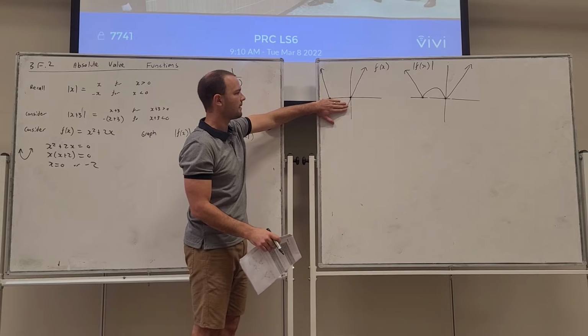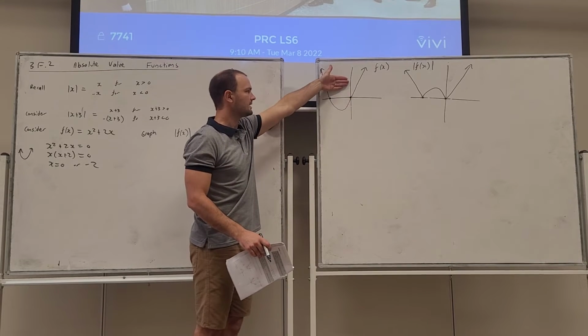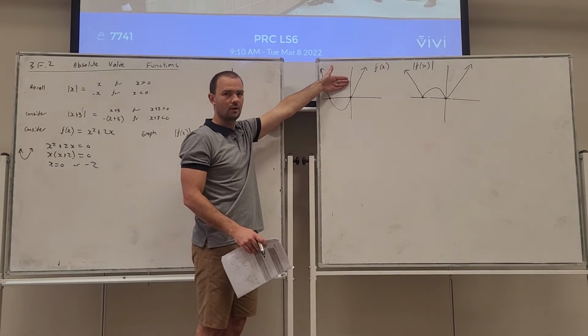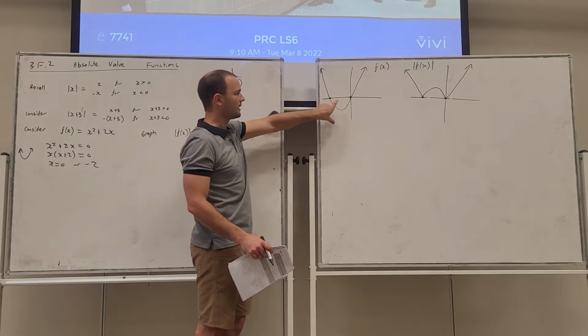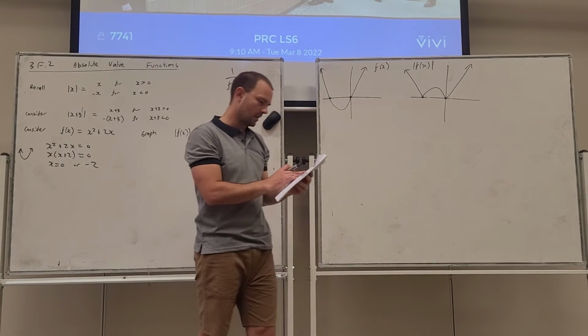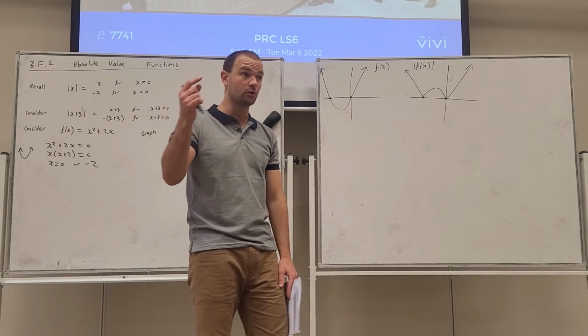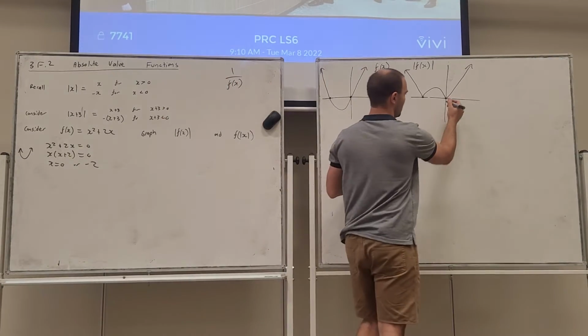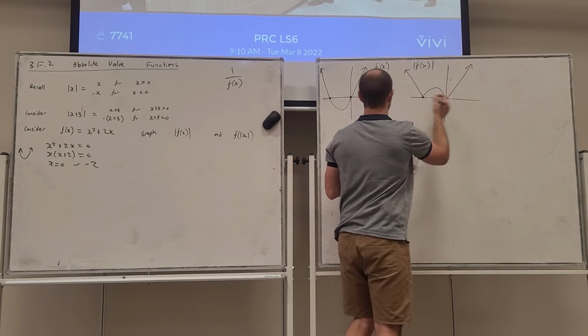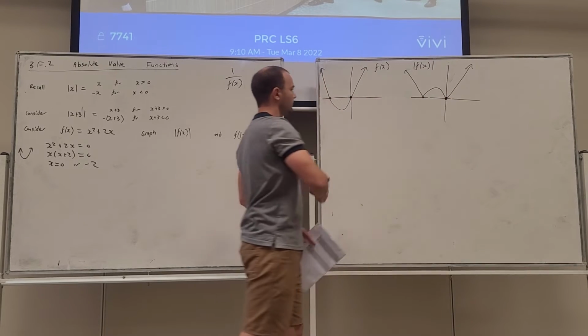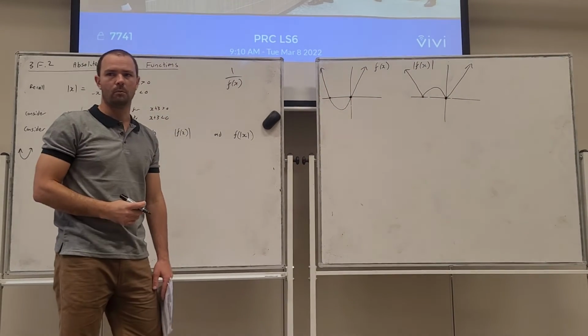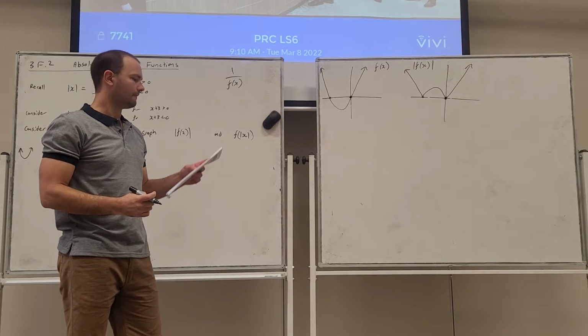So we're reflecting that part in the x-axis, and then we're discarding this part here. And then the last one, points on the y-axis are invariant. That means they don't change after this transformation. So here's the y-axis. Notice how this point maintains the same coordinate. All points on the y-axis invariant.